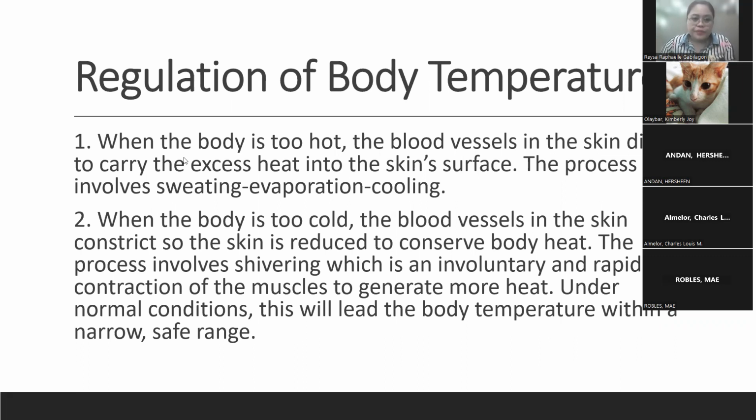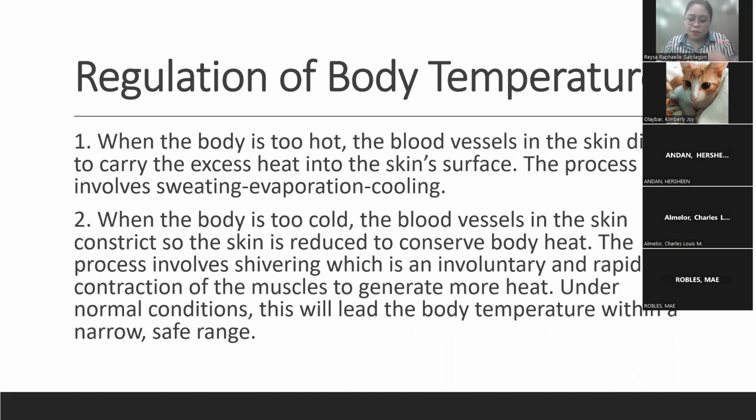So paano? Number 1, if the body is too hot, what will our body do? The body will constrict, or sorry, dilate the blood vessels. Again, the body will regulate it through dilating the blood vessels to carry the excess heat into the skin's surface.